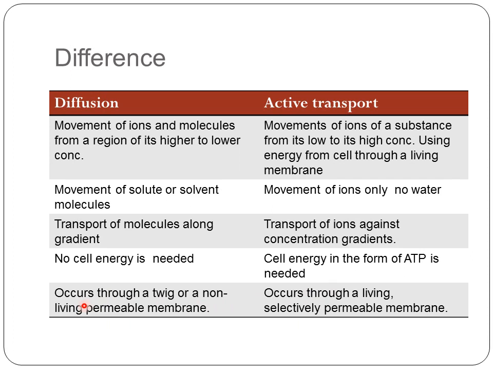Diffusion happens through a non-living permeable membrane, but active transport occurs through a living selectively permeable membrane. Whether it is the protein pump mechanism, exocytosis or endocytosis, there should be a cell membrane through which the transportation happens. So these are the major differences between diffusion and active transport.